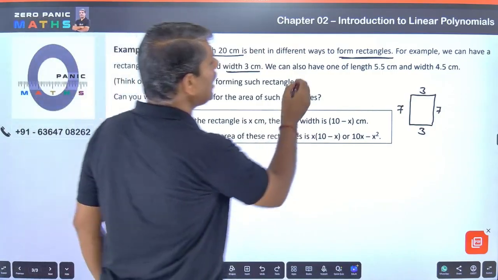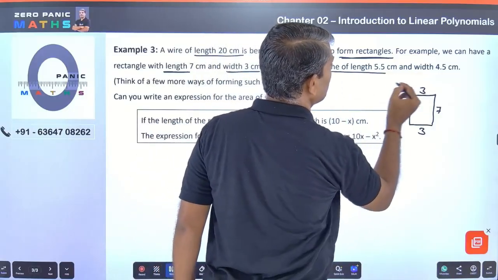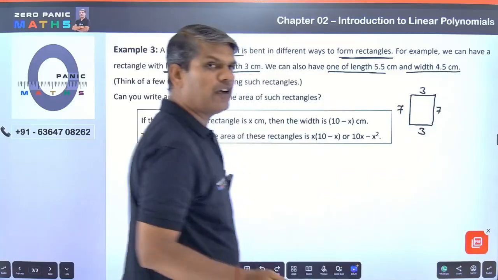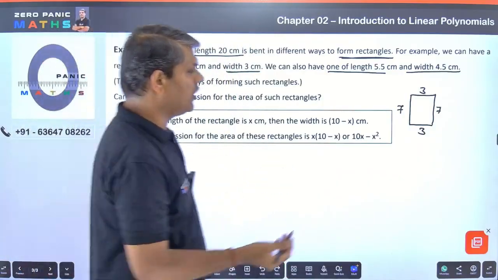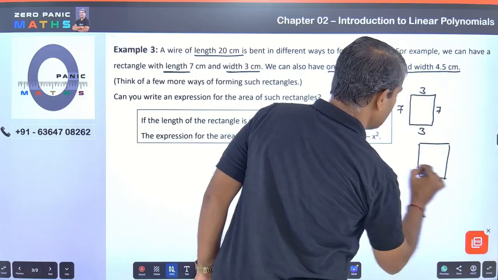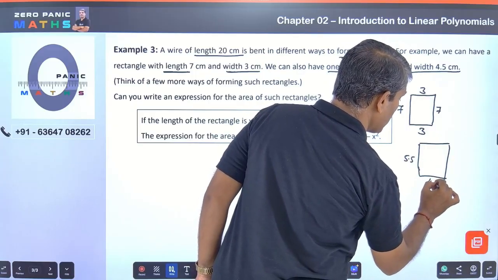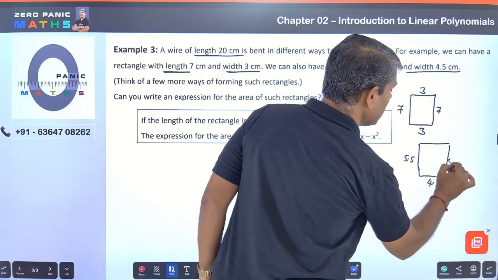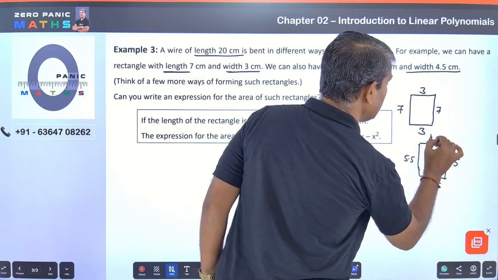Now we can also have a length of 5.5 and width of 4.5. That also makes a rectangle with perimeter 20 centimeter only. You can take that also as an example. You see that this also makes a perimeter of 20 centimeter.